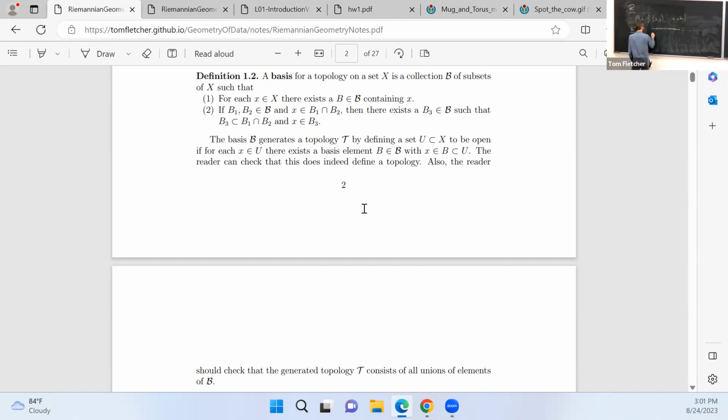I will define length notation in a second. V(x, r) is going to be an open ball centered at x with a particular radius r. Here x is any point in R^d, and r is a real number greater than 0.